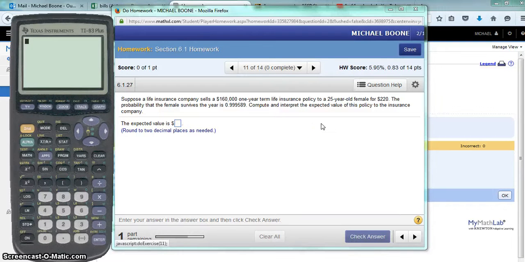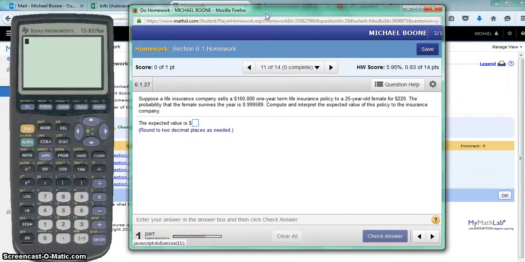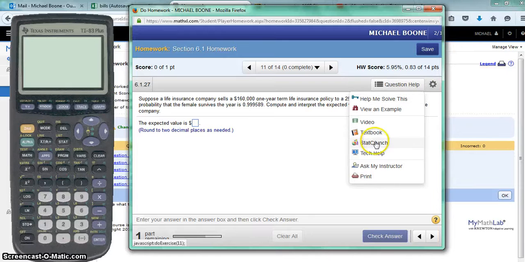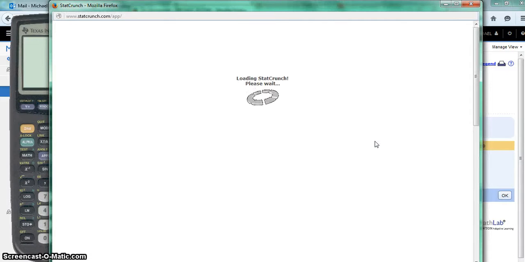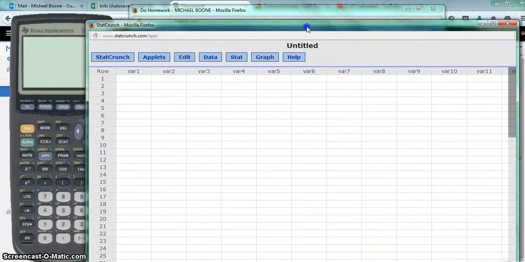And so when we set this up in StatCrunch, we can actually set it up just like this. StatCrunch isn't up, so I need to get StatCrunch up. Let's go to StatCrunch. And let's talk about the two different things that can happen.